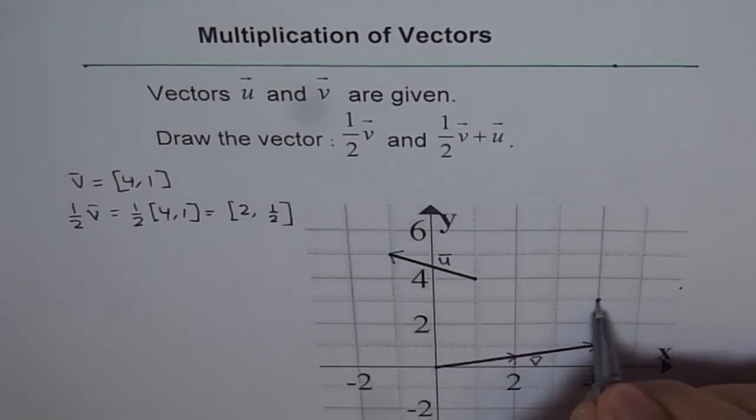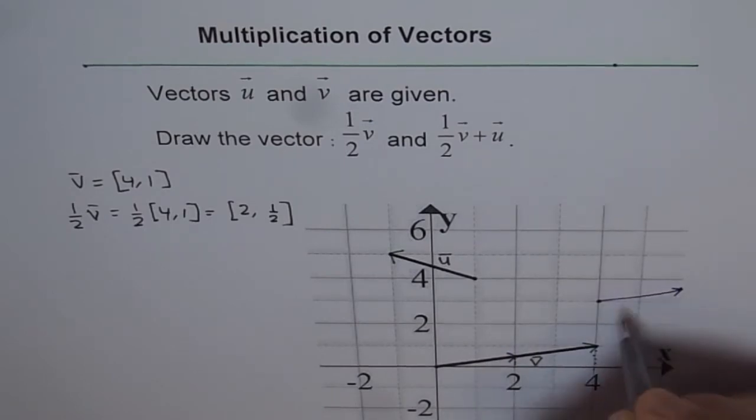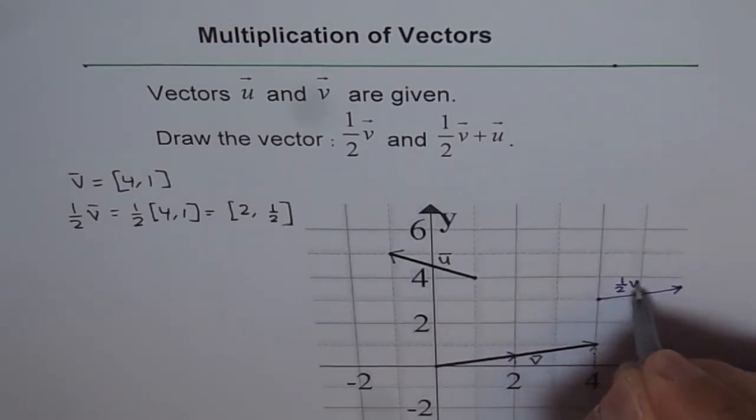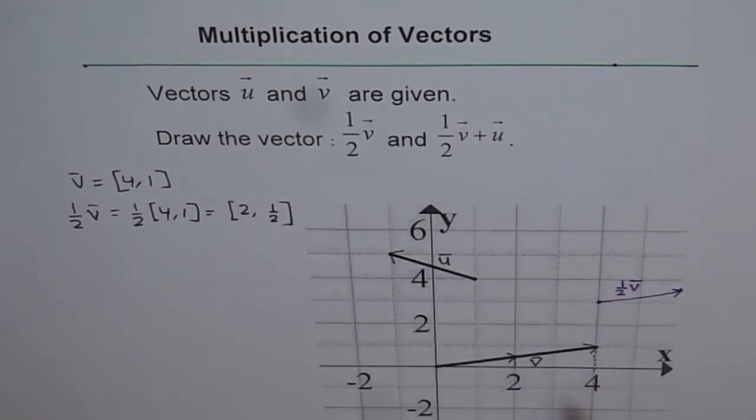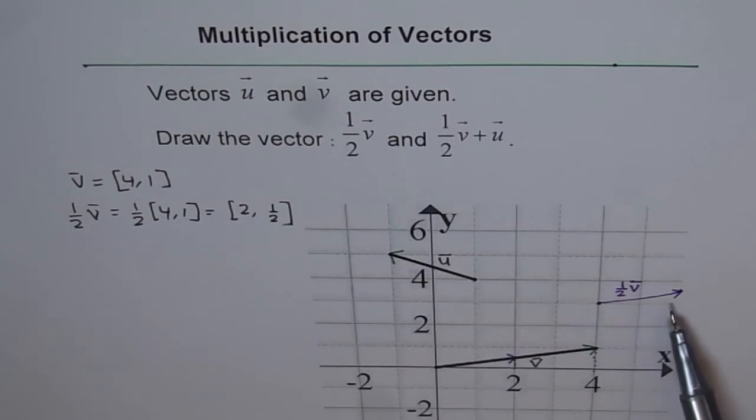So the vector joining these 2 points will be half of v, correct? Since position doesn't matter. What matters is the magnitude and direction. The magnitude of this vector is half the magnitude of given vector v, and direction is exactly the same, correct? So that represents half of v. So that is how we can draw half of v.